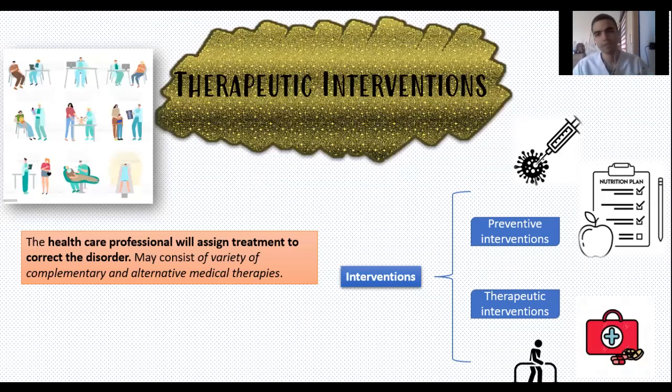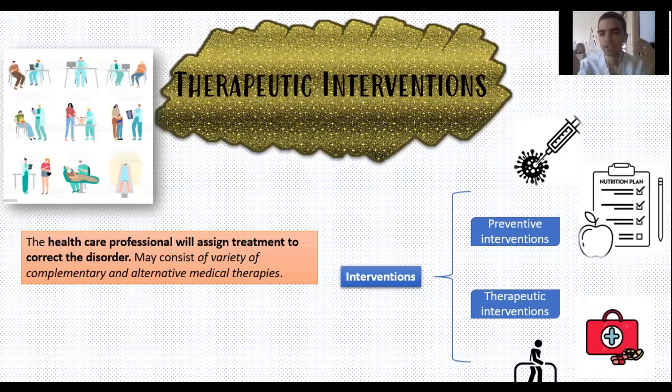Examples of preventive interventions, well, we have vaccines that are so important actually, like COVID-19 vaccines. And another one of them, we have nutritional interventions like diets, like a balanced diet. We have even drugs for prevention of disease fatality.